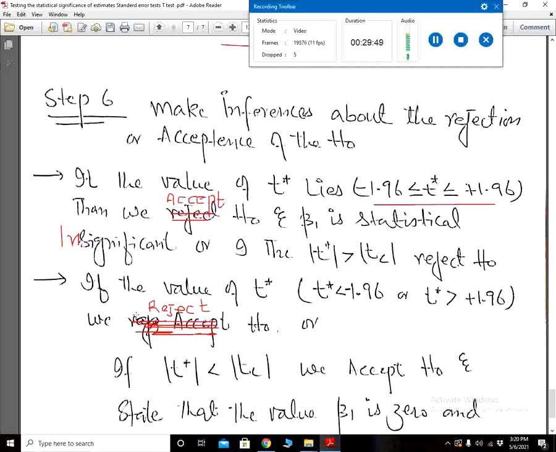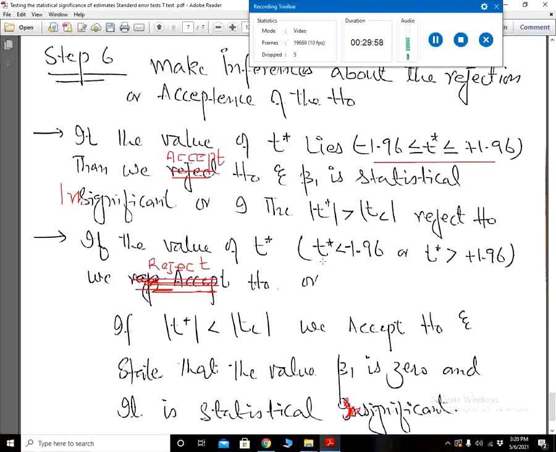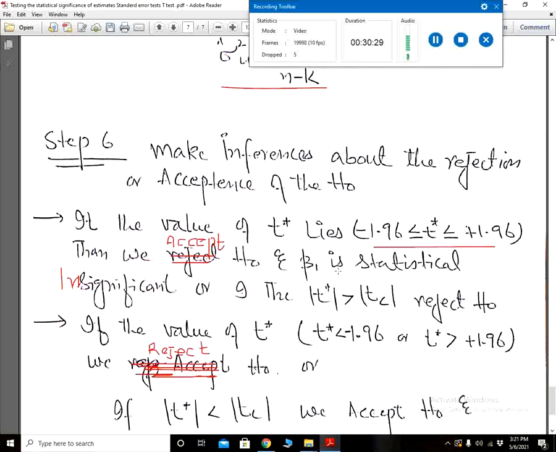Again, if the value of t is less than minus 1.96, it means that the value of t lies in this area, right? Or the value of t is greater than plus 1.96, it means that the value of t lies in this area.